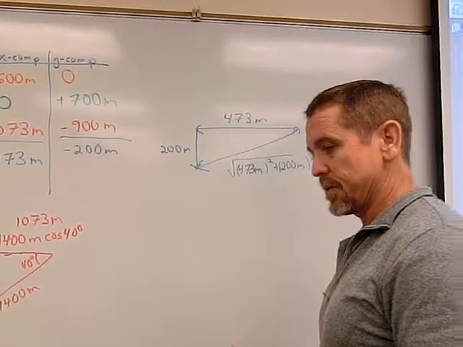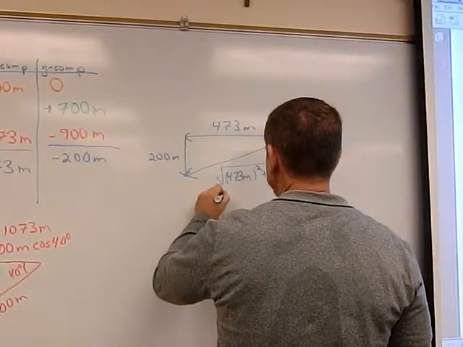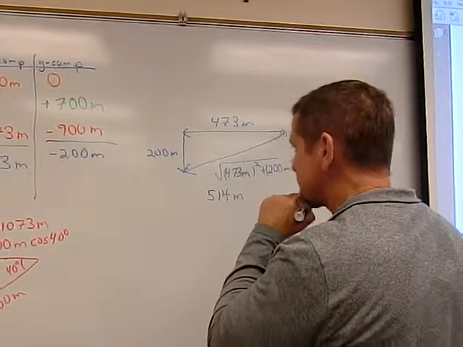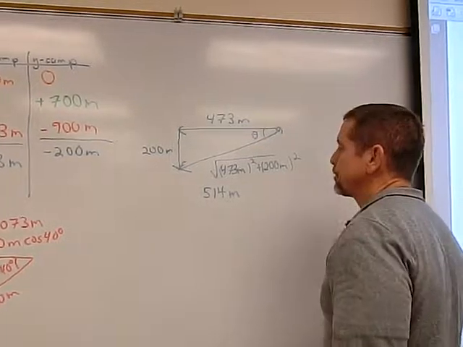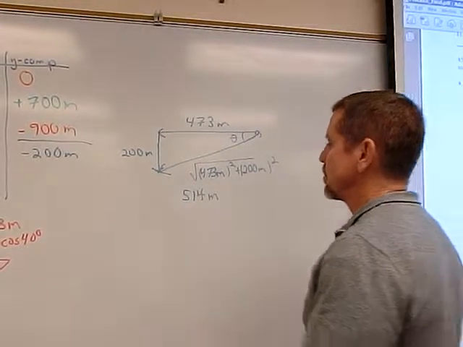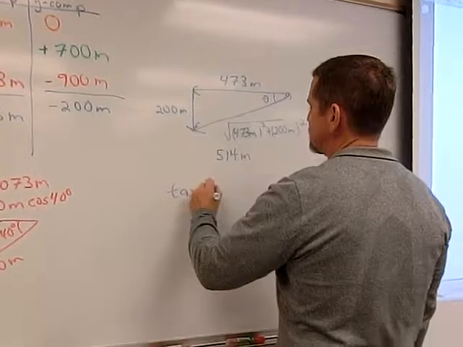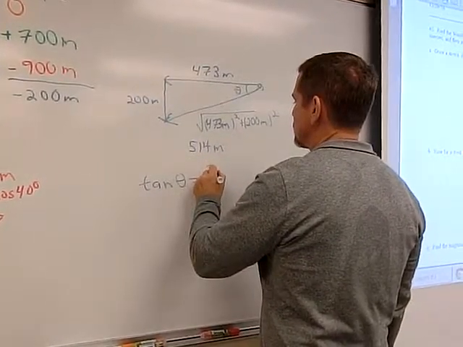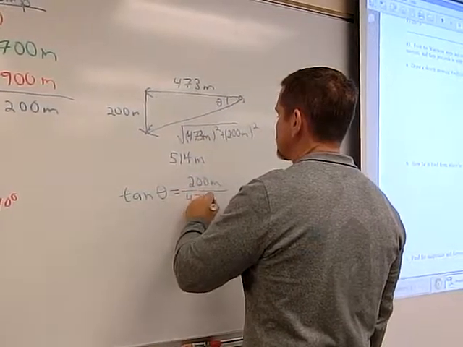So I get 514 meters. And now we got to get the direction. So the natural angle to get is this guy right here, which I'm calling theta. So you can remember that from the TOA, the tangent of theta is the opposite over the adjacent. So that's 200 meters over 473 meters.